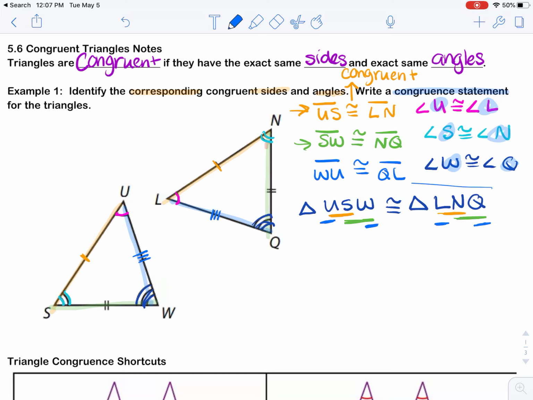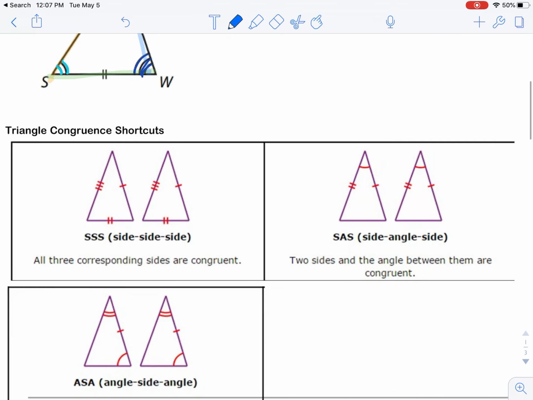So this is an acceptable congruency statement because all of the angles are with their corresponding parts and same with all of the sides. Okay, well this gets kind of tedious to write out every single side and every single angle. So there are a few shortcuts when we're talking about congruent triangles.